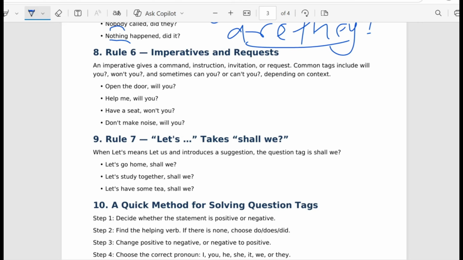Assume the first statement was, shall we go home? Whenever you see this one, remember this is a positive statement, so the tag should be negative.